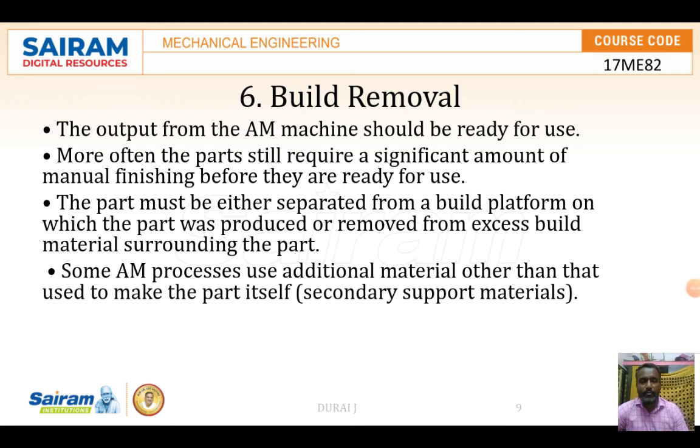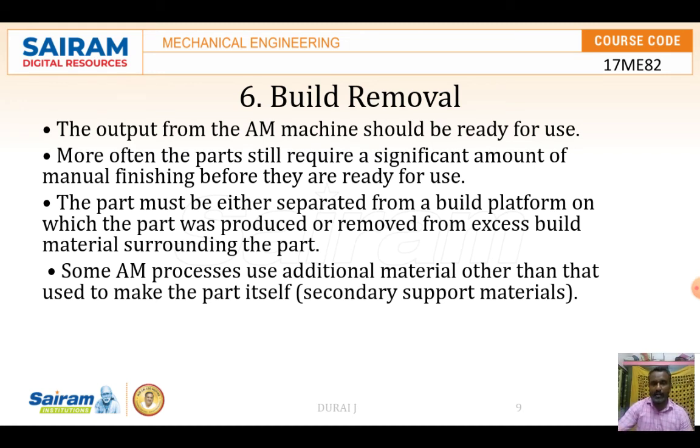In the build removal, what happens? It has two types. One is the synthetic removal, another one is the natural removal. The natural removal is like, in the platform, the component has to be removed. Suppose the size of some components is larger and they will be overhanging, so some extra supports will be required. For that, the synthetic support has to be used.